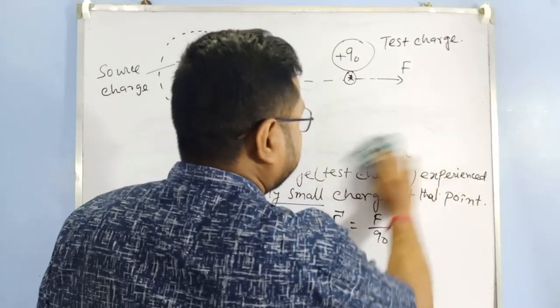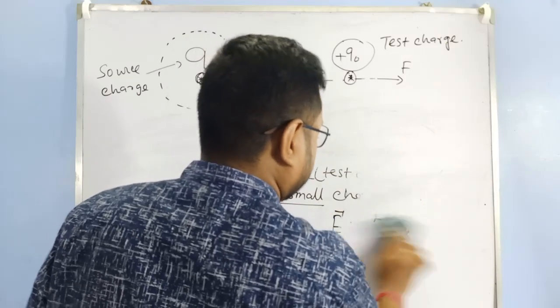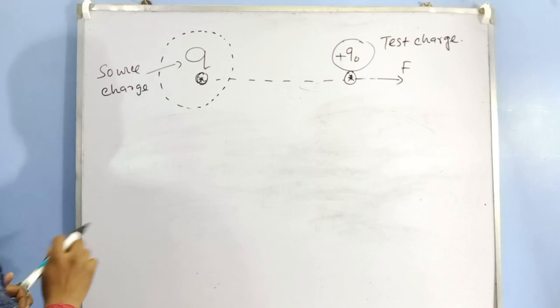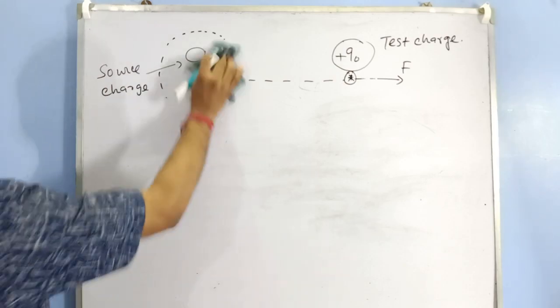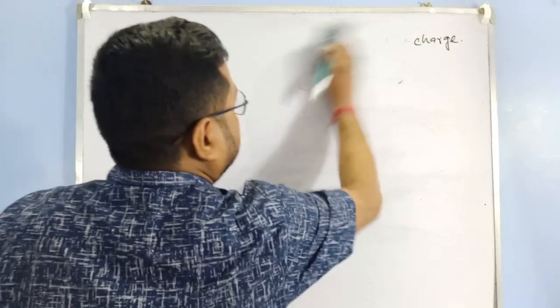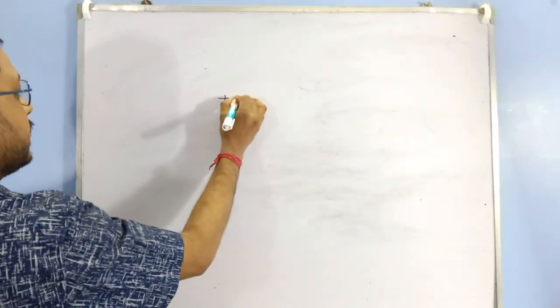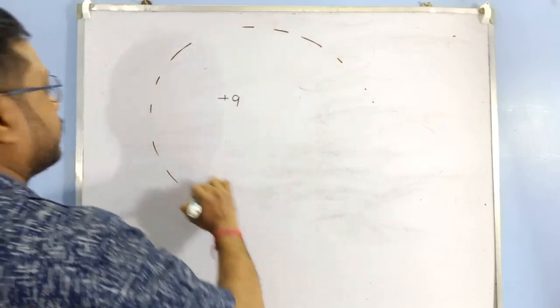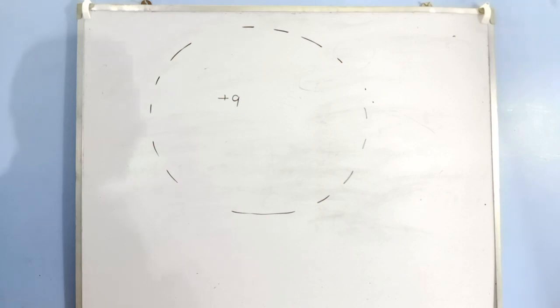Now, what is the significance of electric field? If we put a source charge Q in any place, then it will produce an electric field around it.